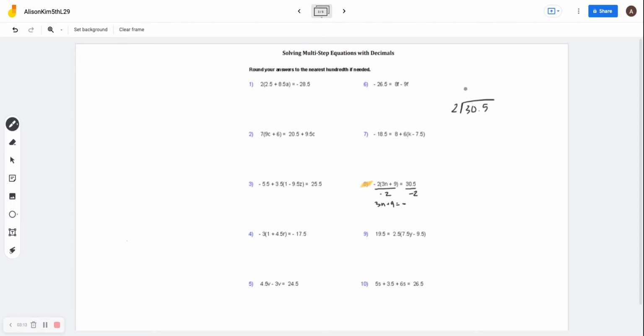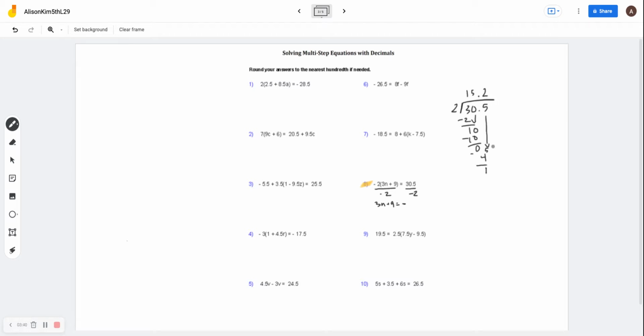2 can go into 3 once, but you get left with 1, bring down the 0, you get 10. 2 goes into 10 5 times. 10 minus 10 is 0. Bring up the decimal point, and then bring down your 5. 2 can go into 5 2 times, but it gives you 1.